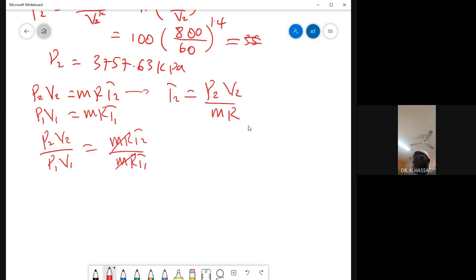So now T2 equals P2 V2 divided by P1 V1, all times T1.